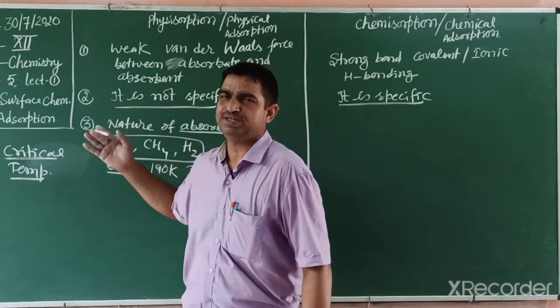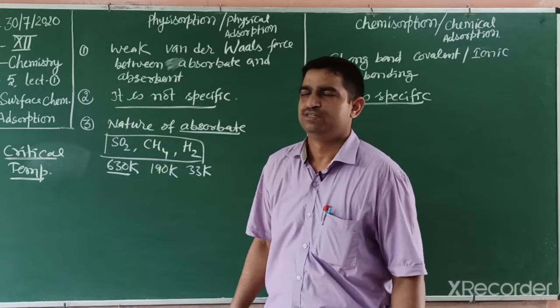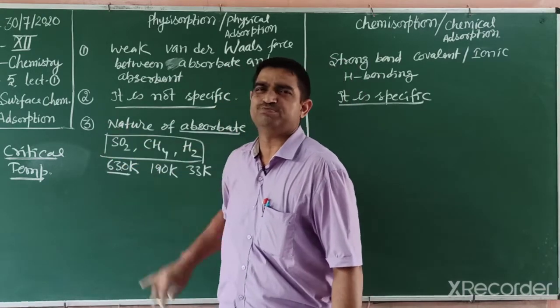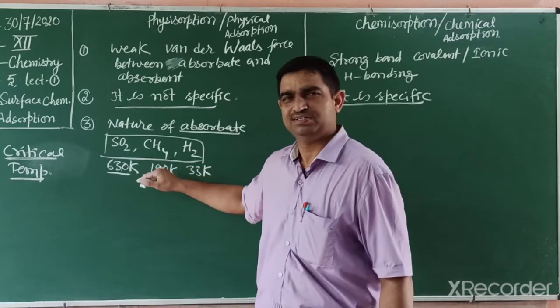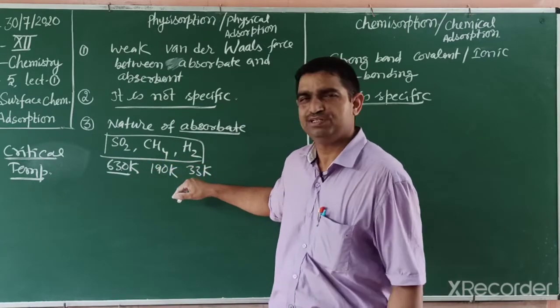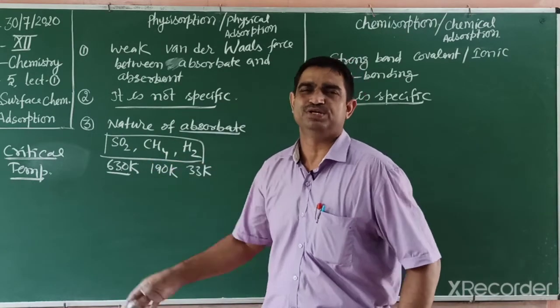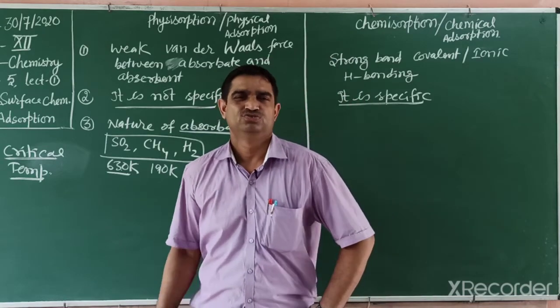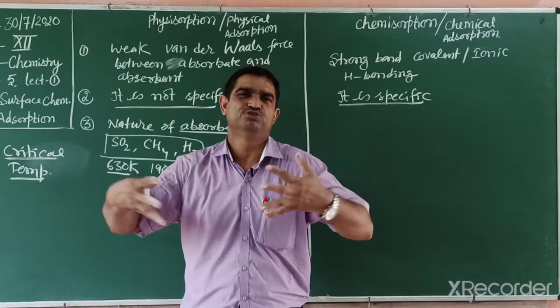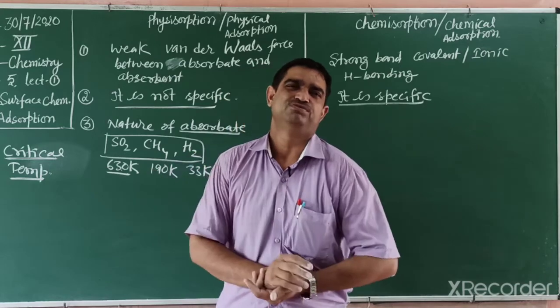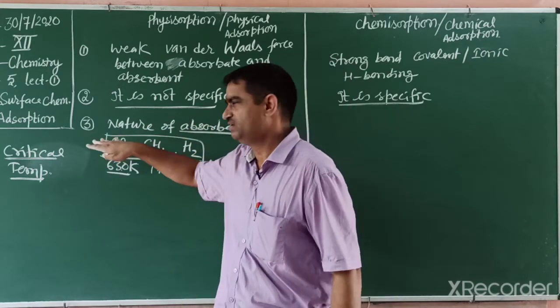Above this temperature we can't liquefy sulfur dioxide. Means sulfur dioxide is easily liquefiable. Methane in comparison is lower, and hydrogen only 33. It is very difficult to liquefy hydrogen gas. The reason is the force of attraction, so they can easily be liquefied and those gases can easily attach.